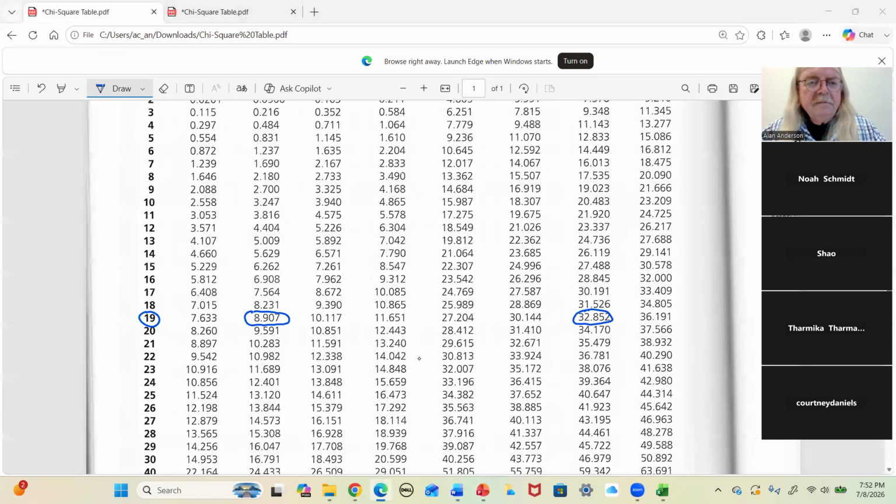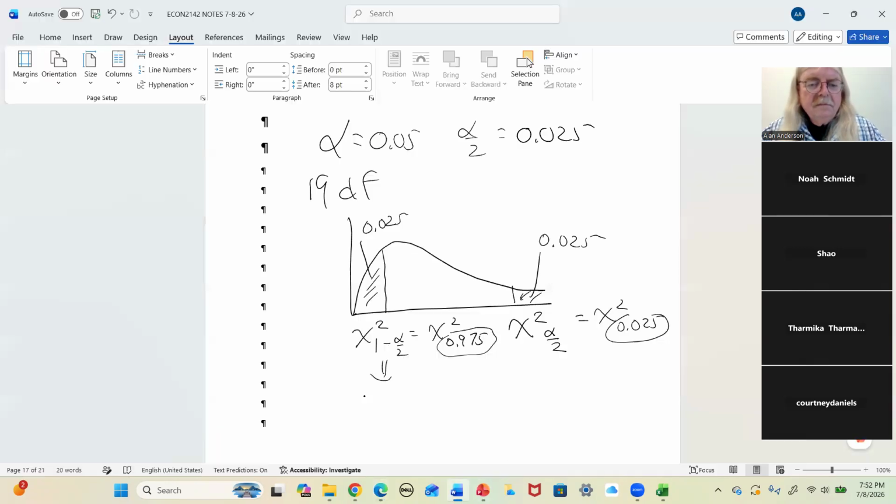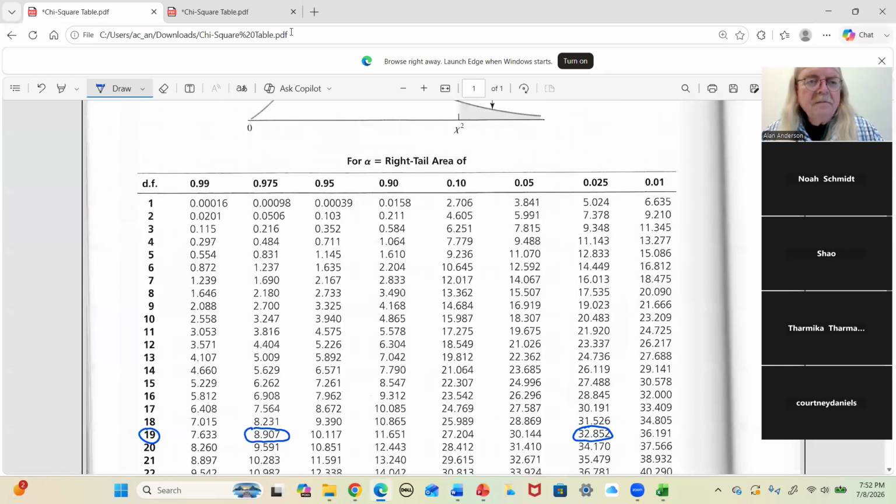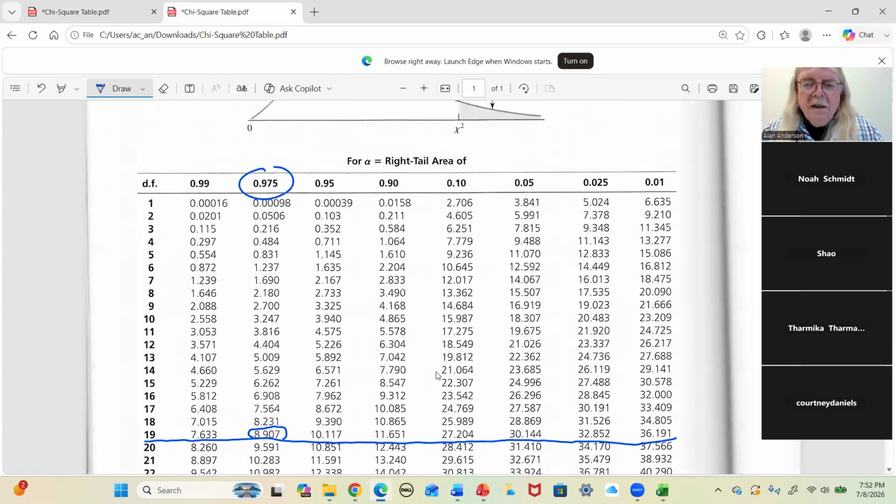8.907. Now this one has a right tail area of 0.025. So that's the column heading I'm going to need. Here we go. 32.852.